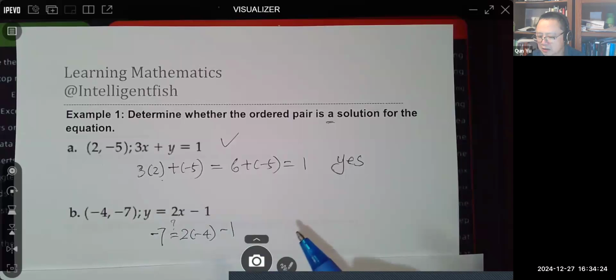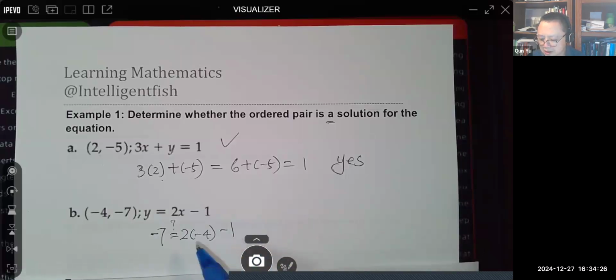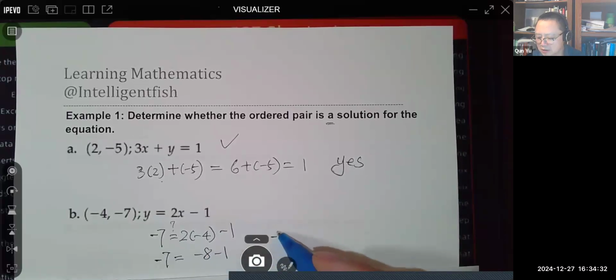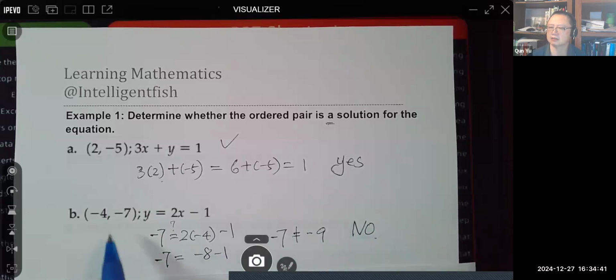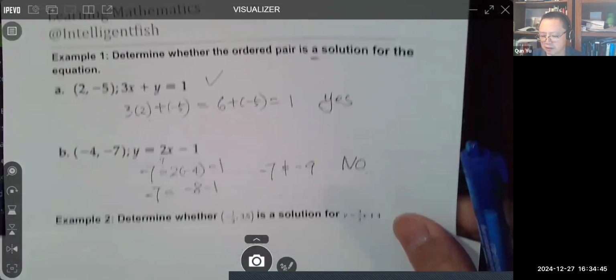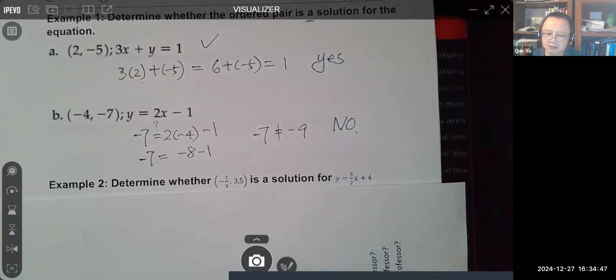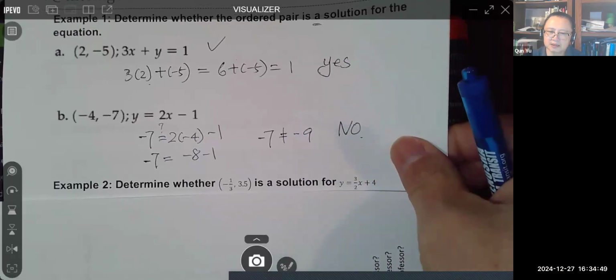If it is not equal, it is not the solution. -7 equals -8 minus 1. What is -8 minus 1? It's -9. So this is not equal. The answer is no, this is not the solution. So the idea is very straightforward. You just plug in to see if both sides are equal or not.